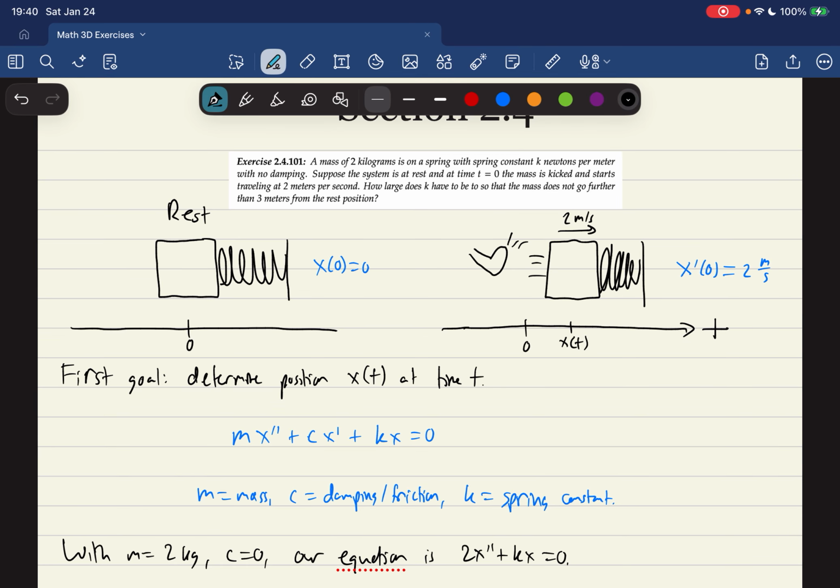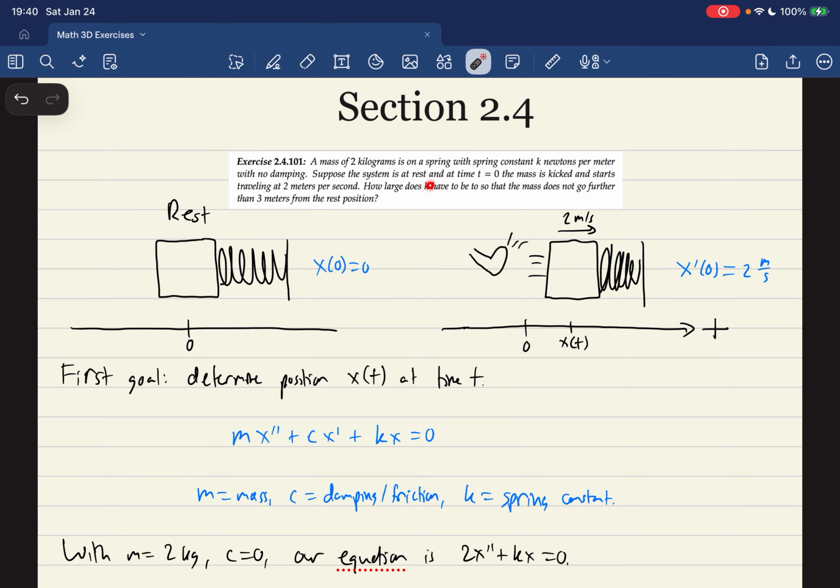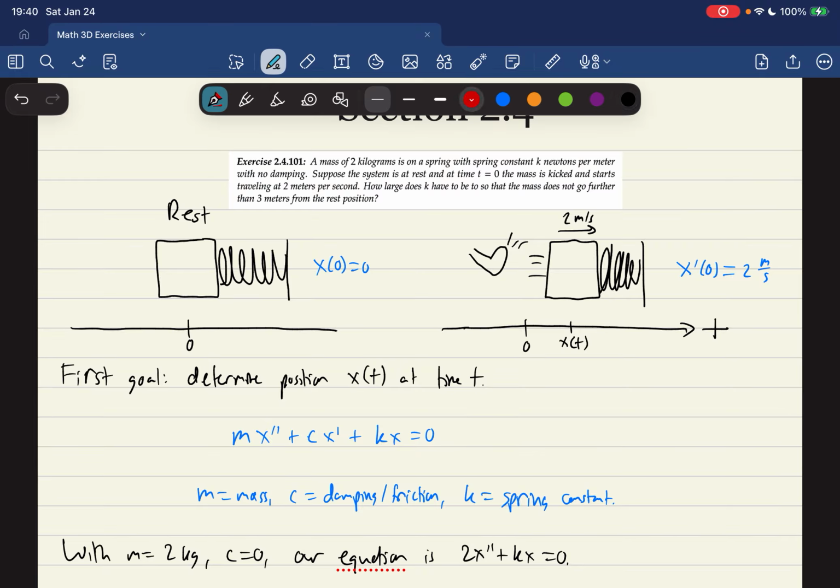The problem wants us to determine how large k has to be so that the mass does not go further than 3 meters from the rest position. Now, it's important to note that it cannot go further than 3 meters in either direction, either in the positive or negative direction.